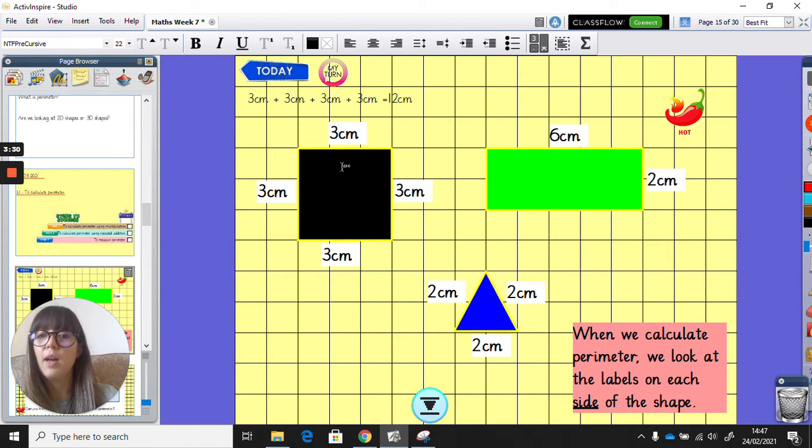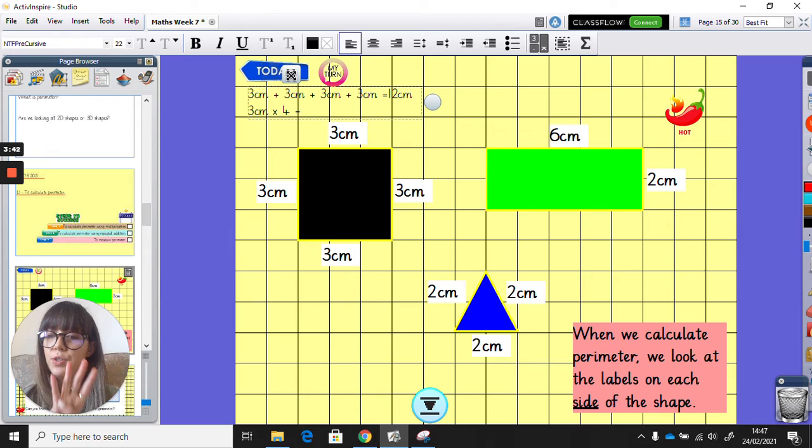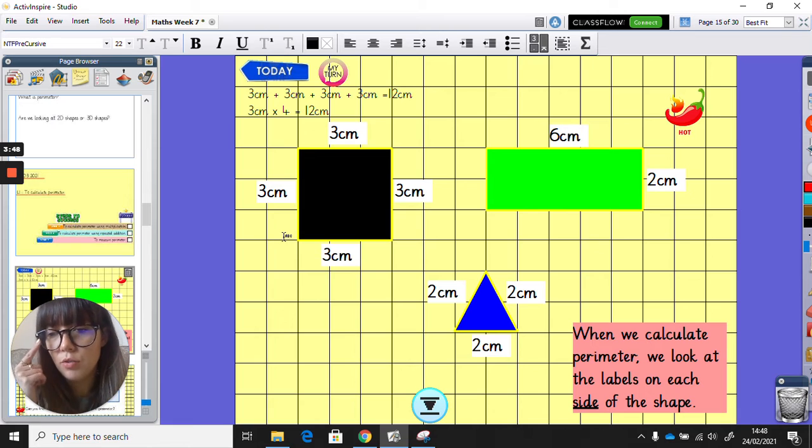You know that a square has got 4 sides to it, okay? So we can do 3 centimetres times 4 because they're all 3 centimetres, aren't they? And we're timesing it by 4 sides. And we know that 3 times 4 is 12 centimetres. Now that's step 3 today, so that's a bit tricky, but well done if you can see that.